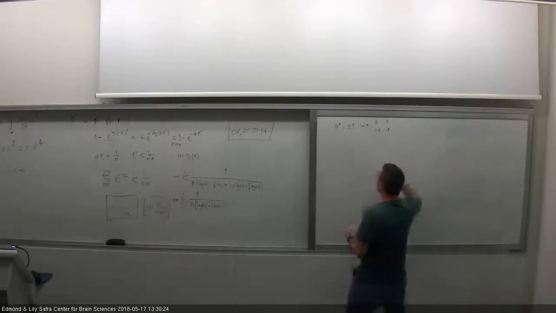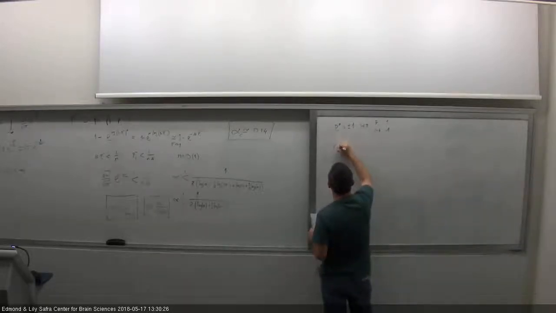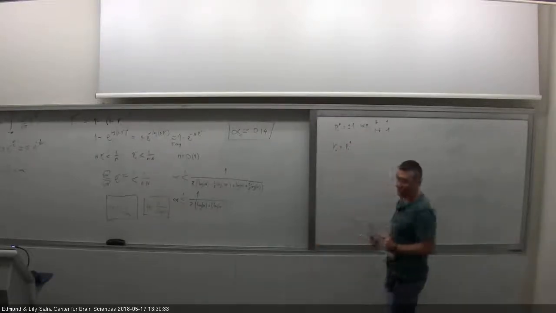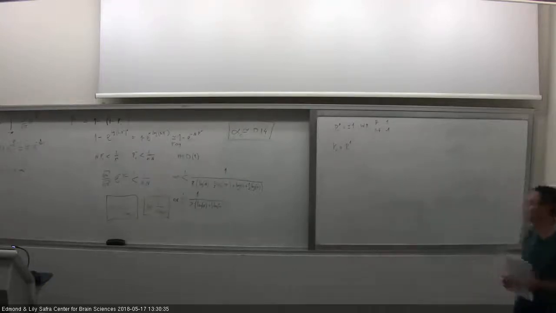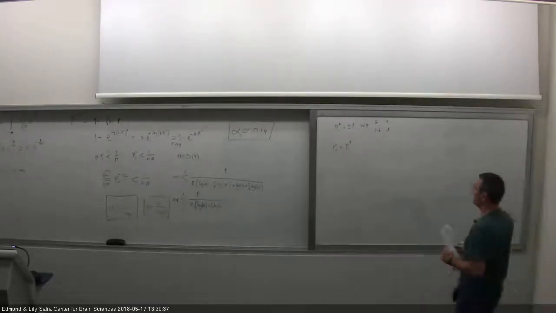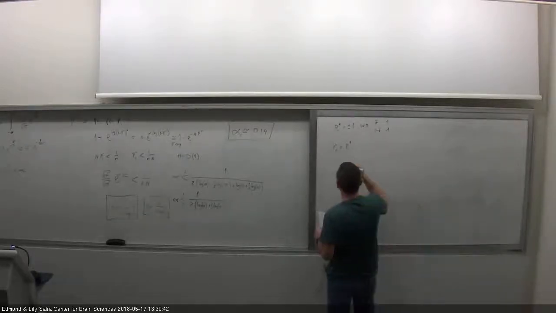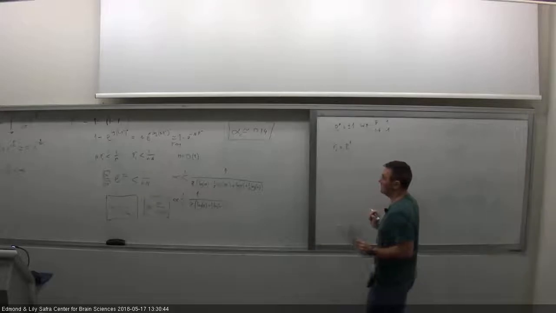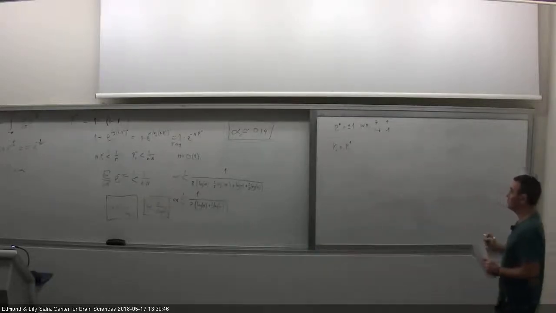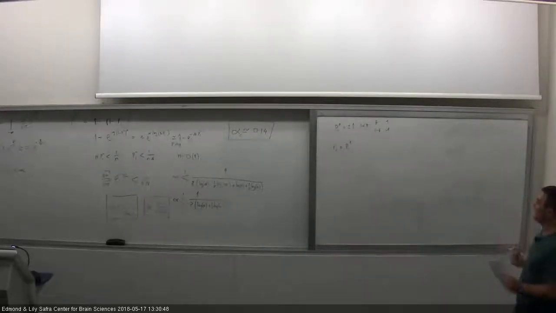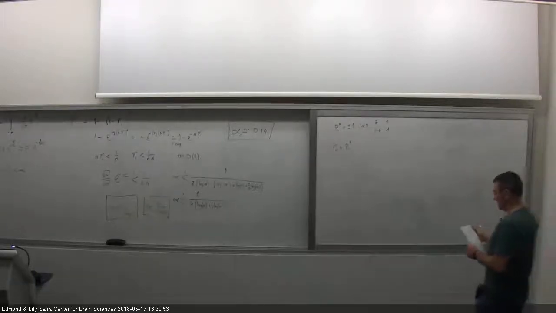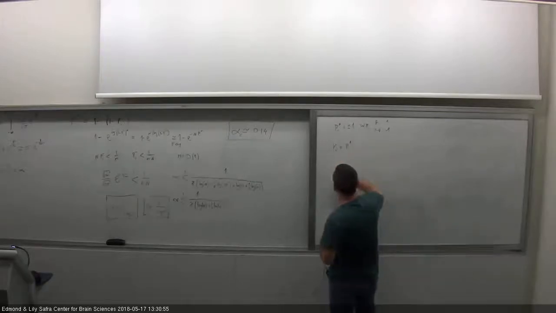For example, we consider the case where the activities of all neurons in the network are equal to one of the memory patterns, let's say memory pattern number 1. Let's look at the input to neurons in the network when all other neurons have this memory pattern. What's the input to the neuron?